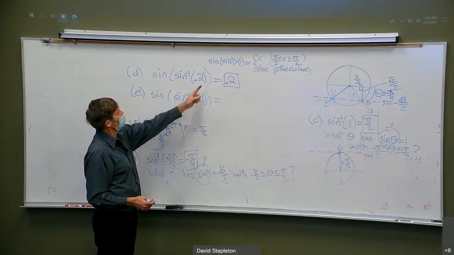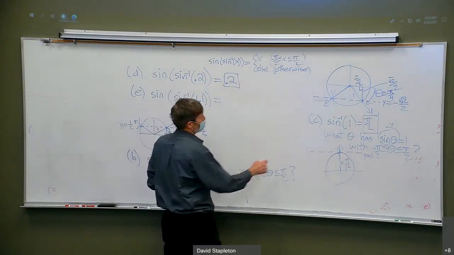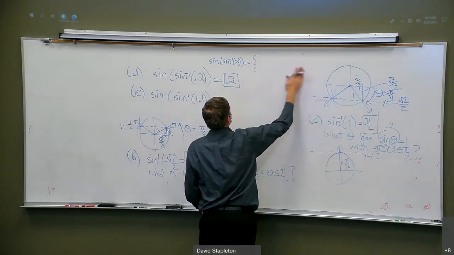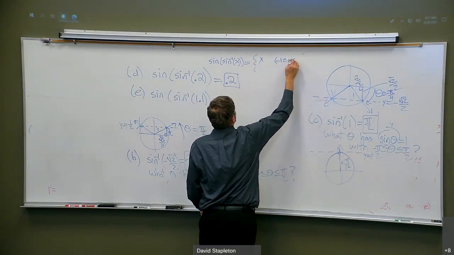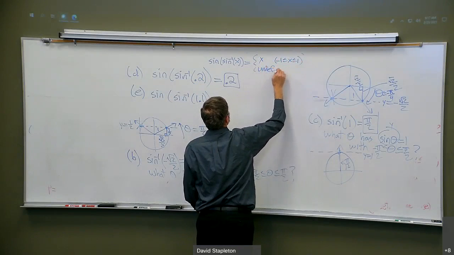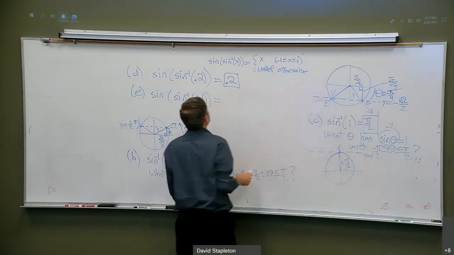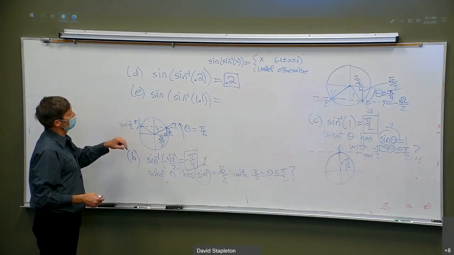I put this backwards. I'm sorry, I wrote this backwards. This is for the other one. This is the sine of the arcsine. It gives you back x for x between minus 1 and 1, and it's undefined otherwise. Sorry about that. It's the wrong one. Arcsine of the sine would be the other one.